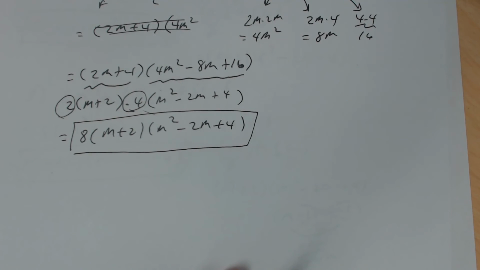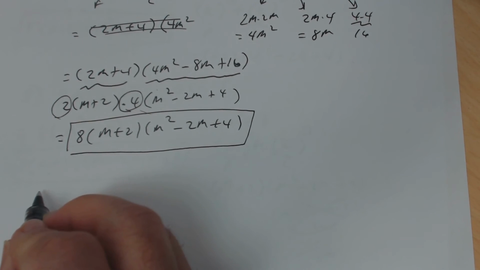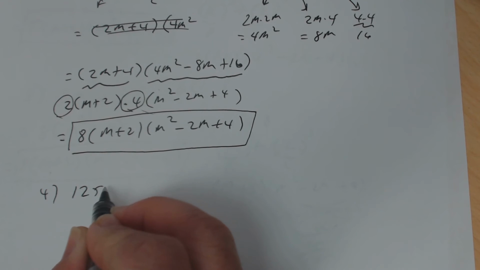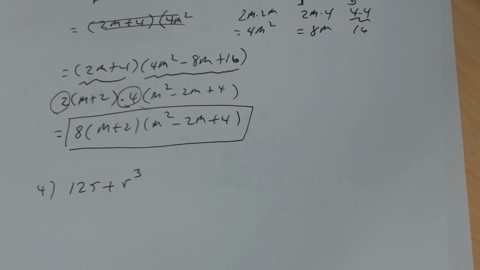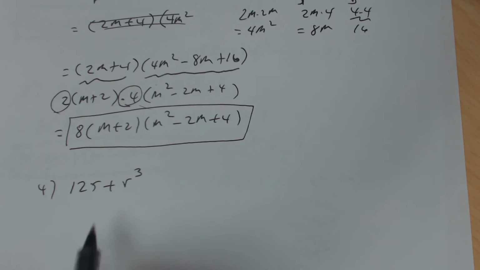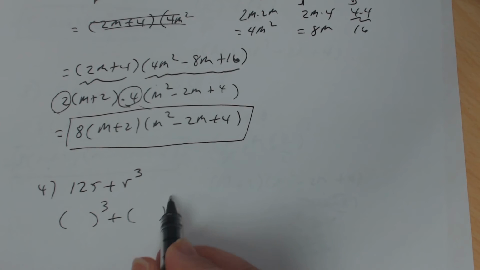Suppose we had 125 plus r cubed, number 4. 125 plus r cubed. Suppose we had that. Okay, so again, the GCF is 1. So we see this is the sum of 2 cubes.